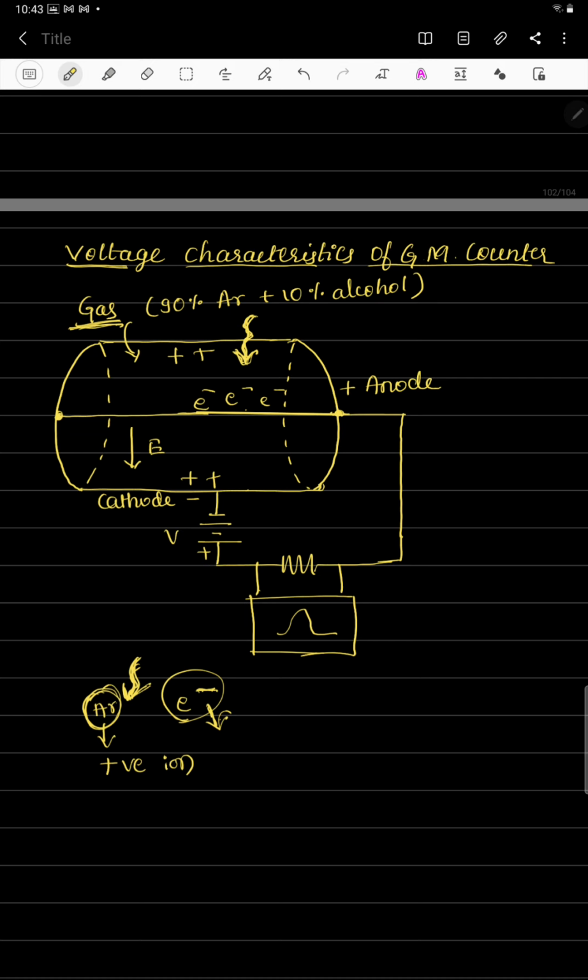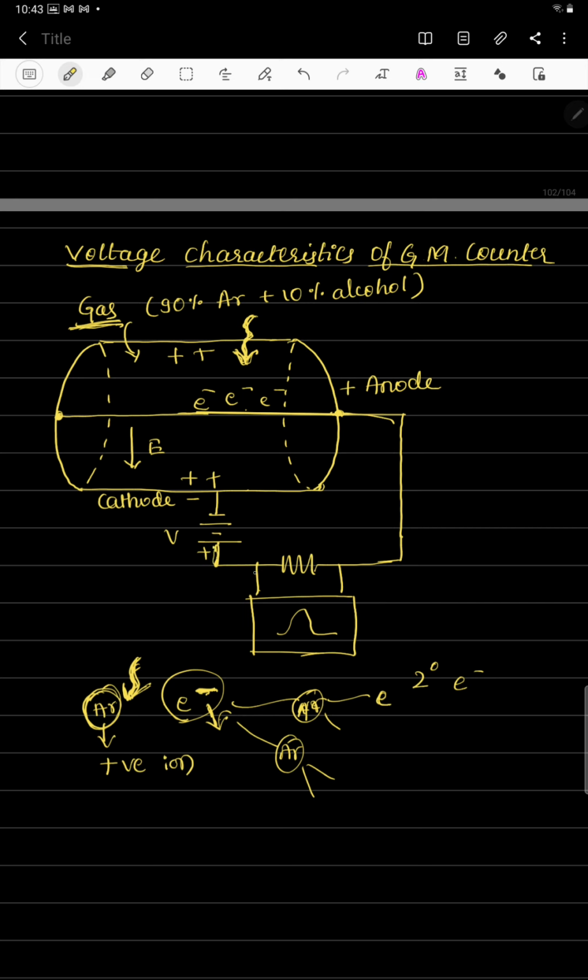During acceleration, the primary electrons collide with further gas molecules and more electrons are emitted. These electrons, generated because of the primary electrons, are called secondary electrons. As a result, an avalanche of electrons is produced and accelerated towards the positive terminal of the high tension battery.